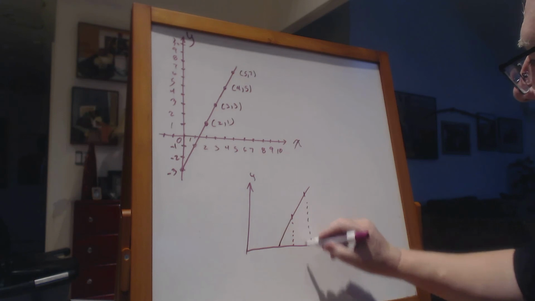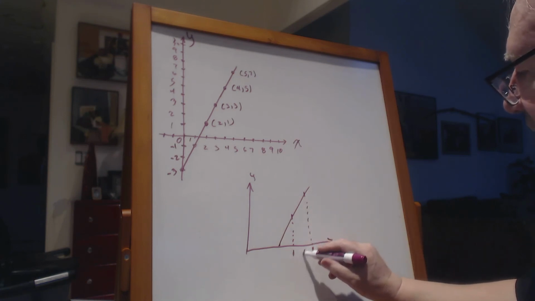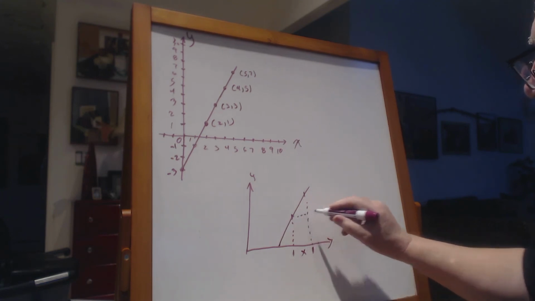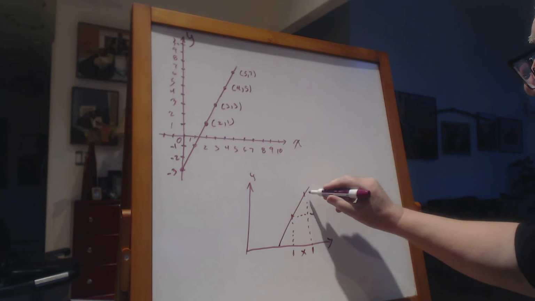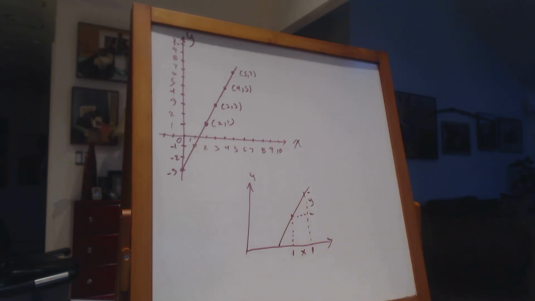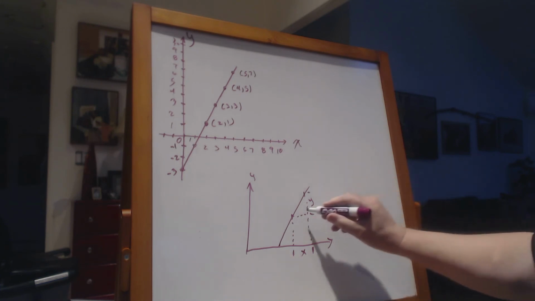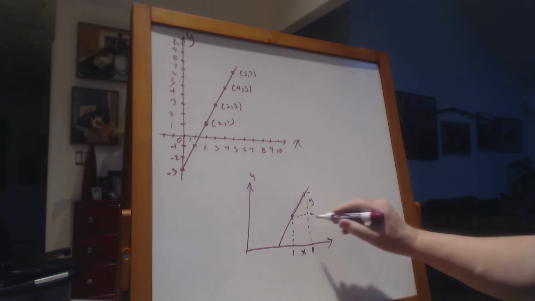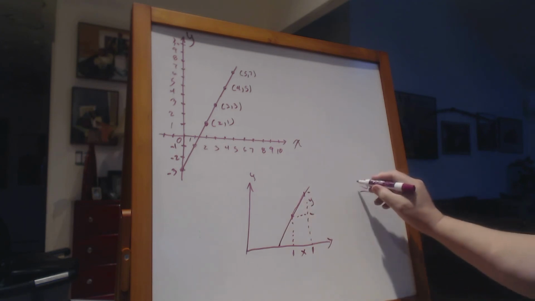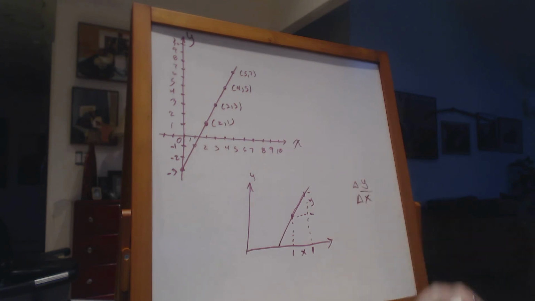We've got a distance x and we've got an elevation of y. And so we say the slope is the change in y over the change in x.